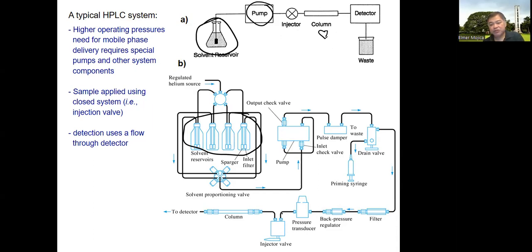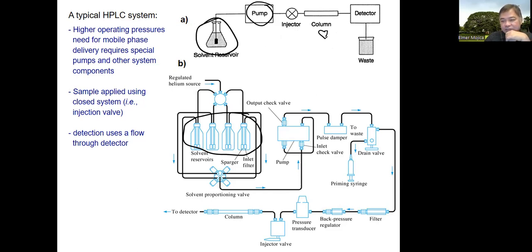Once you introduce your sample, okay, the solvent will carry your sample through the column. But even before it goes to the stationary phase, there's already an interaction of your sample with the mobile phase. Okay, the column is where separation takes place, and then one by one, they're going to be detected by the detector.